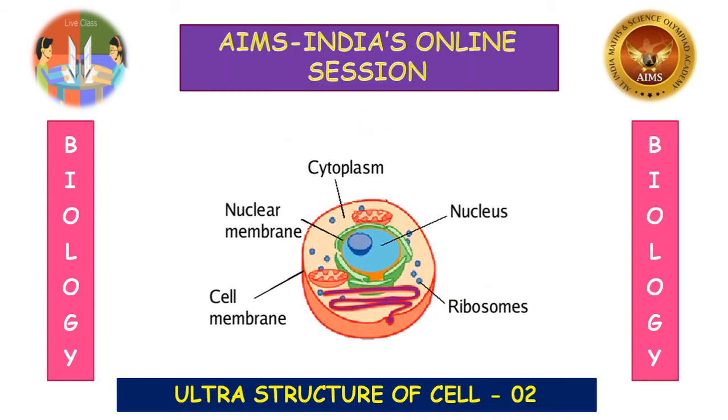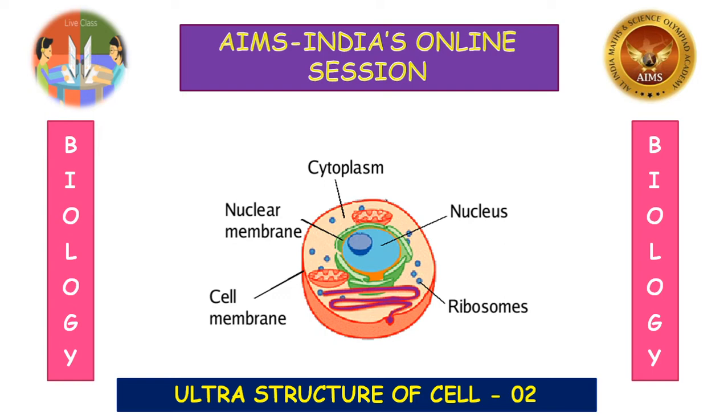So we have discussed the history of cell science, that is, Robert Brown discovered the nucleus, and Robert Hooke was the first person to study the cell and introduced the term cell, and cell science began in 1665.